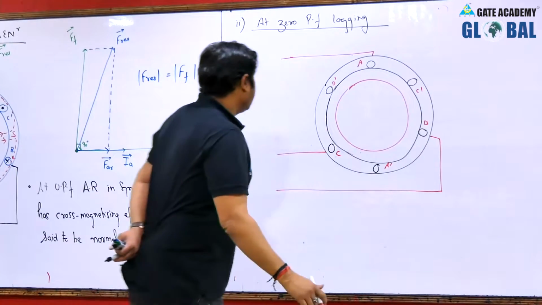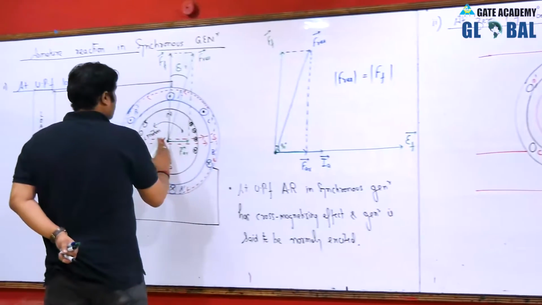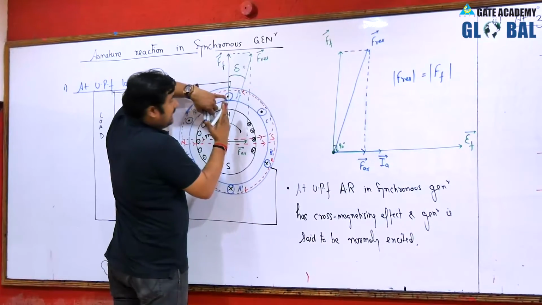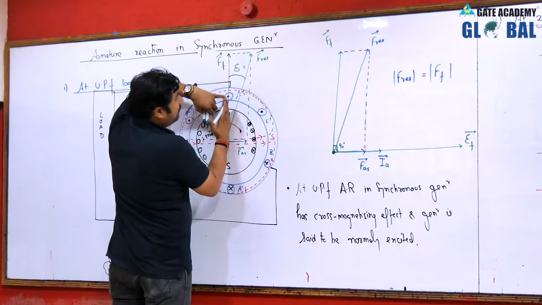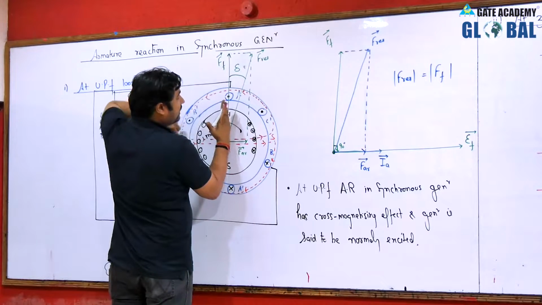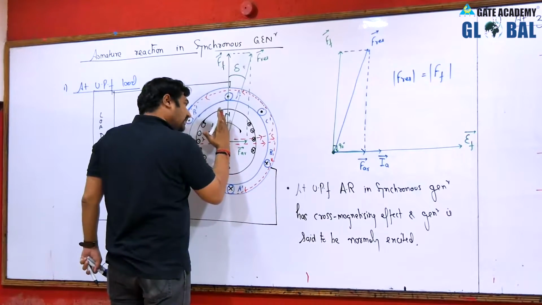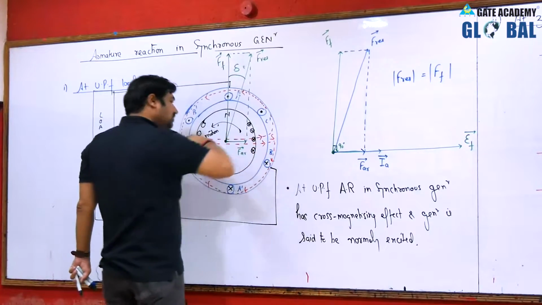Is it okay? In the unity power factor, when this north is just below this conductor, at that time induced EMF in A will be maximum. At the same time current will flow. However, in case of 0 power factor lag, induced EMF is maximum when the pole is at this position, but the current flows when the north reaches this position.